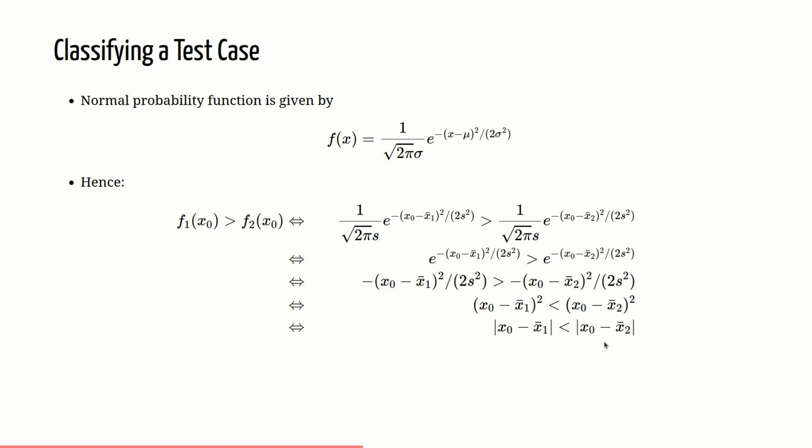So we're going to assign it to class 1 if the distance from the observed margin to the mean of the forged notes is less than the distance of the observed margin to the mean of the genuine notes. Right? So if it's closer to the center of the genuine notes, it's going to be genuine, and if it's closer to the center of the forged notes, it's going to be forged.